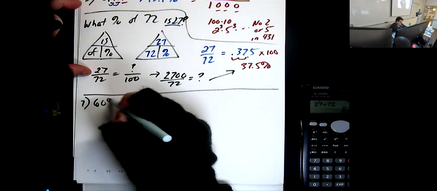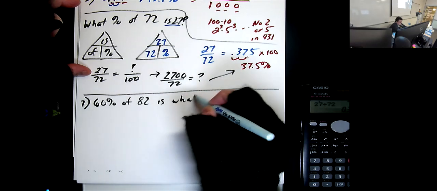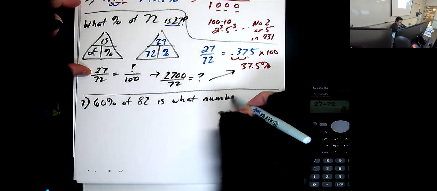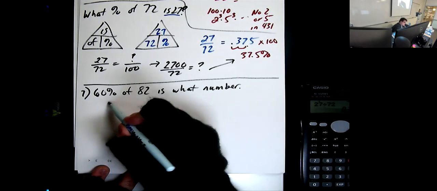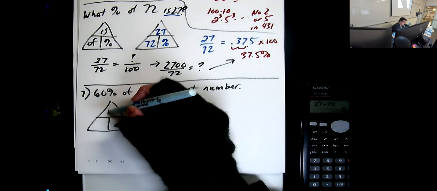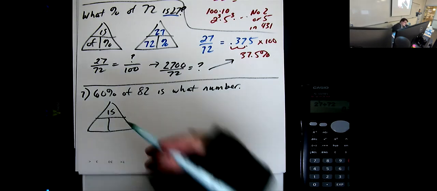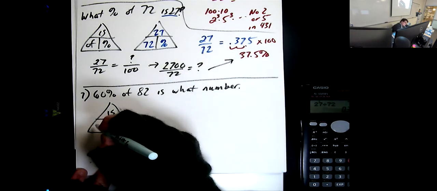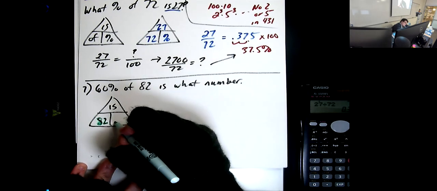60% of 82 is what number? See, now that's where I like my triangle. I have my triangle up there. I'm not going to redraw it. What I'm looking for is the is. I have my of is 82, and my percentage is 0.60.